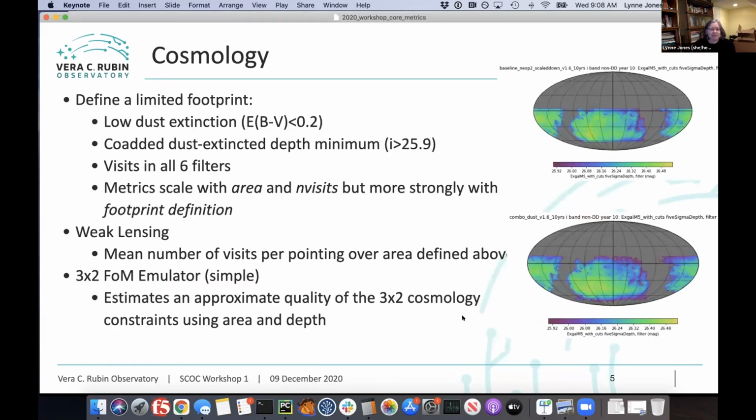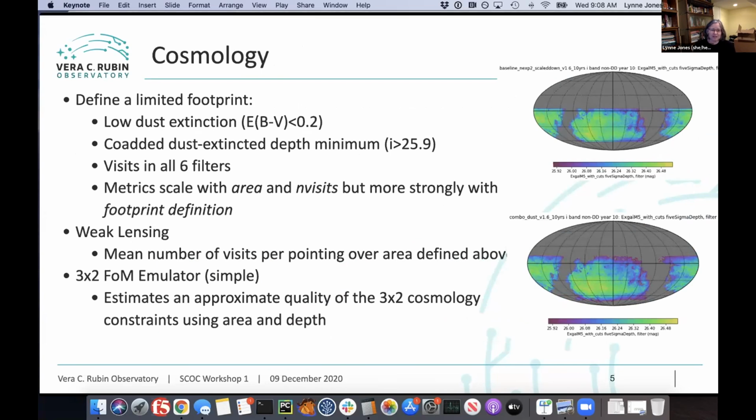So cosmology, what is cosmology? For a lot of the DESC metrics, cosmology here, I suppose it's not really limited to DESC, but in practice, DESC has been the source of all of our cosmology-oriented metrics so far.